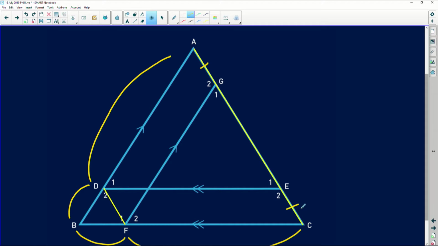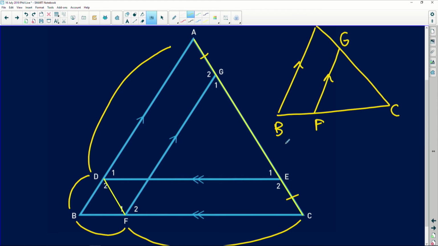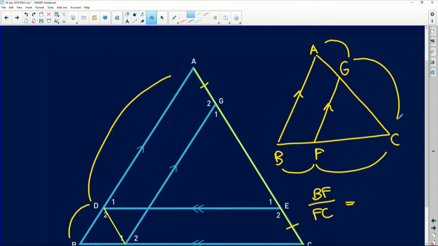So if we look firstly at the triangle, let's say we have this triangle here, ACB, which is the big triangle that we have, and we're looking specifically with the parallel line GF. So we have G there and F there, and we know that these lines are parallel. We know that BF over FC is equal to, on the other side, AG over GC.